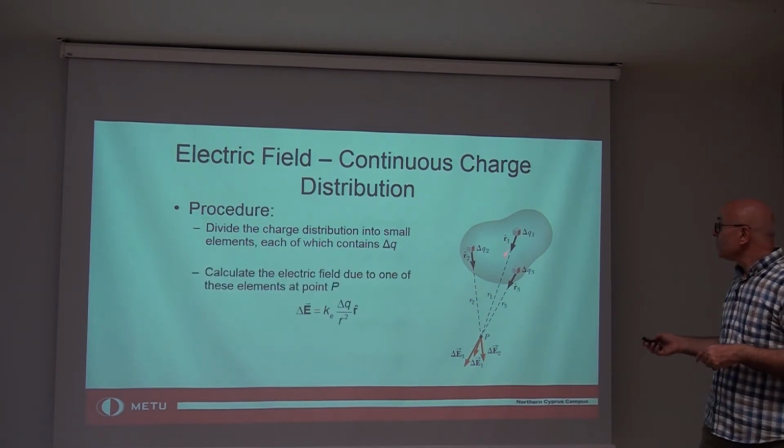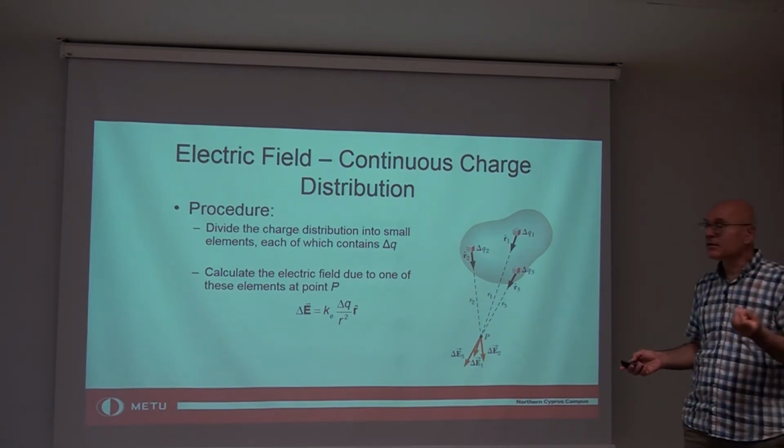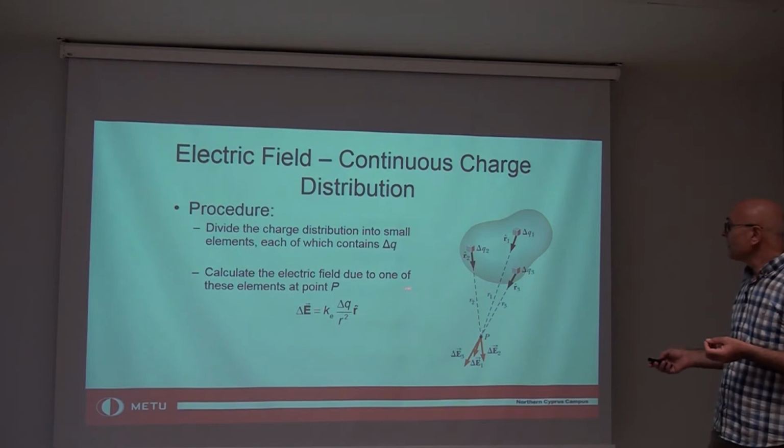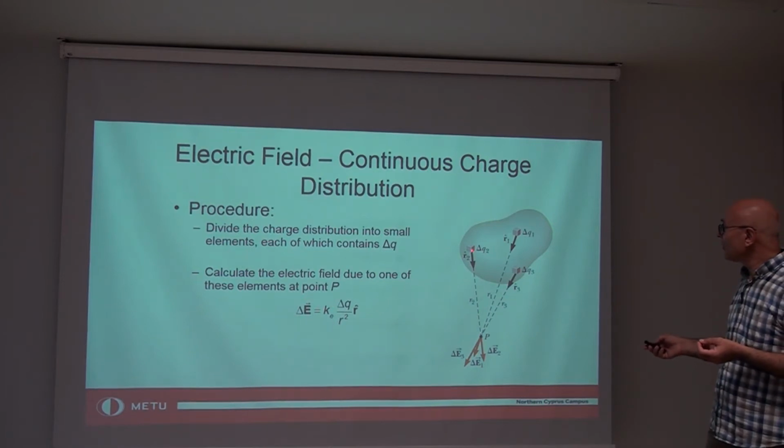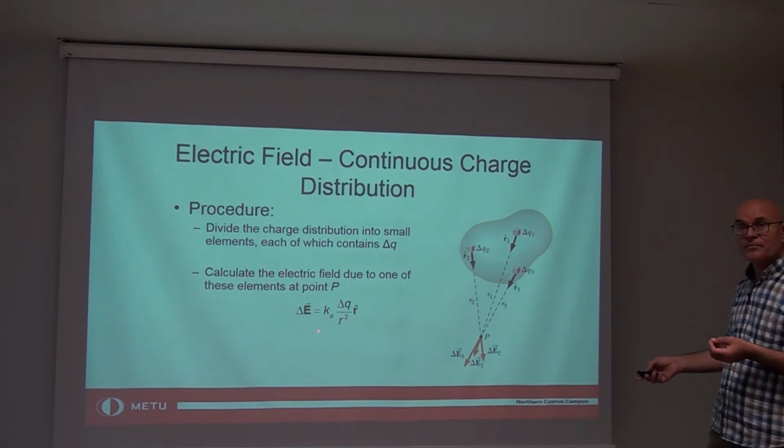Then you find the electric field of one of these delta Qs and write down the expression for that. For example, for any point charge here, at this point P, the electric field delta E is k delta Q over r squared r hat.